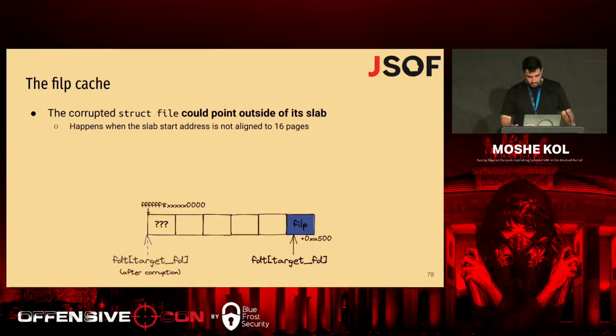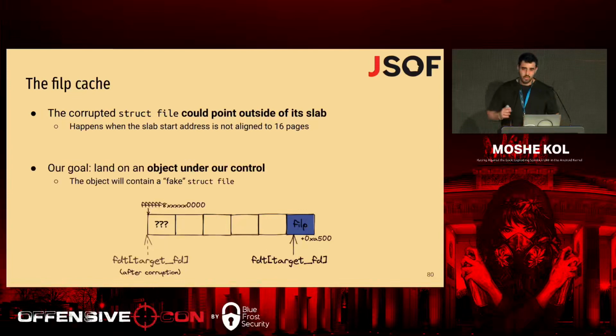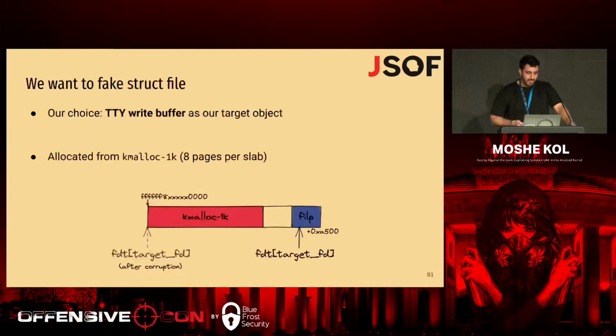What this means is that after we corrupt the struct file pointer, we are likely going to be outside of the slab. This situation happens when the start address is not aligned to 16 pages. And our goal is to land on an object that we control so we can fake a struct file and then later do some interesting things with it.